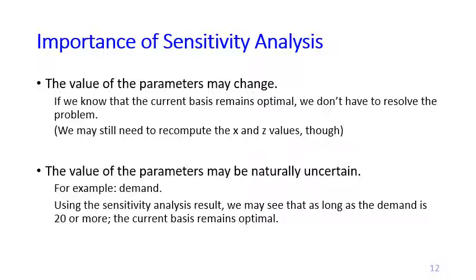Also, the value of the parameters itself may be naturally uncertain. For example, the demand, you cannot really say that the demand is always less than or equal to 40. Maybe it is 40, maybe it is 39, 35, and so on. But from the sensitivity analysis, we know that, for example, in the Giapetto problem, as long as the demand is 20 units or more, then the current basis remains optimal.